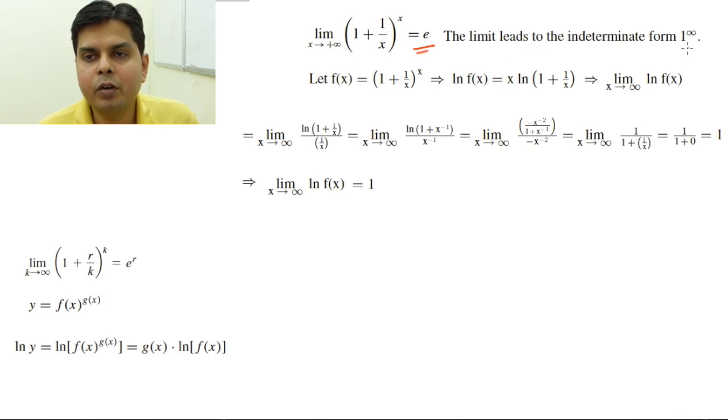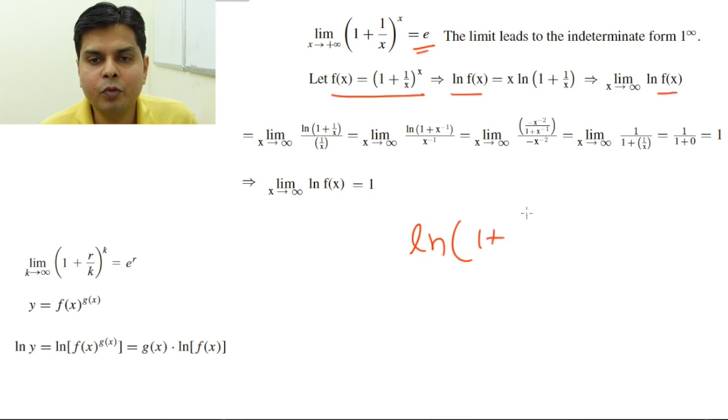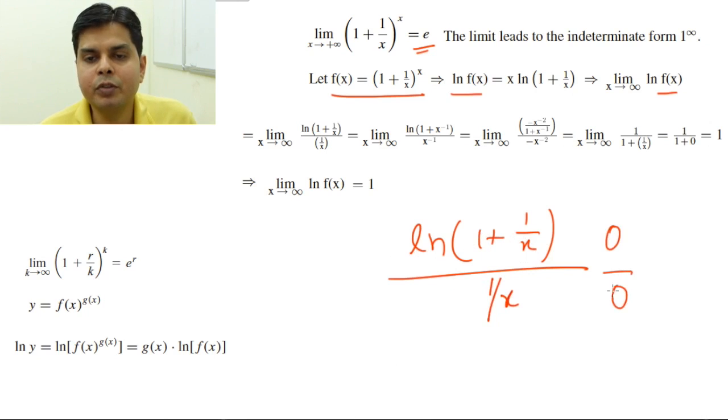Now this limit is of the indeterminate form 1 to the power infinity. Let f(x) equal this thing, then ln f(x) will be x times ln(1 plus 1 by x). Now this implies that I have to find the limit as x tends to infinity of ln f(x). I will write it as ln(1 plus 1 by x) divided by 1 by x, so that this whole thing, as x tends to infinity, is of the form 0 by 0, because 1 by x will be 0, so ln 1 is 0, and 1 by x is anyway 0.